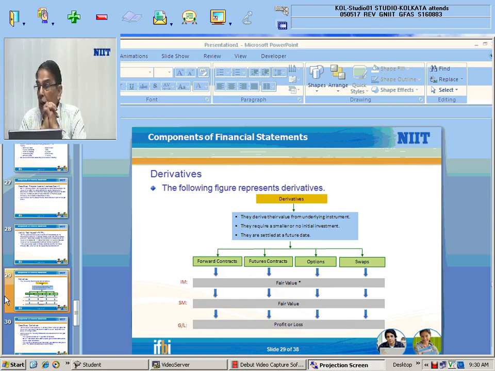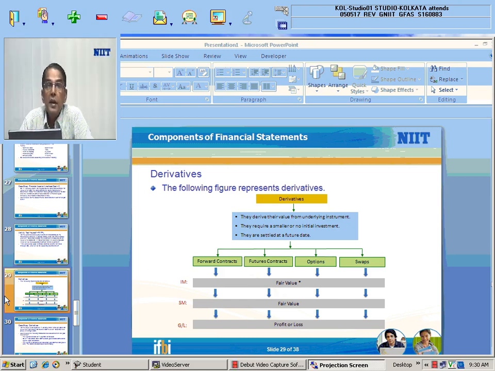So derivatives are financial products or contracts whose value is derived from the underlying instrument. Generally derivatives don't require initial investment, or even if there is investment involved, it's a very small investment.